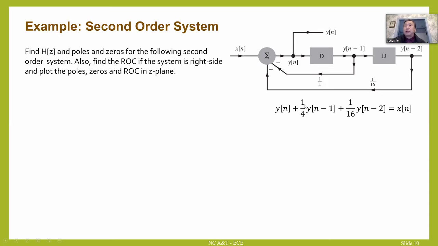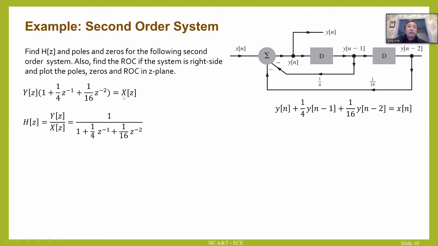So Y of z plus 1 over 4 z to the minus 1 for the delay Y of z, plus 1 over 16 z to the minus 2 for two delays Y of z, equals X of z. The common term is Y of z. Y of z over X of z is defined as the transfer function. This is a second order system.